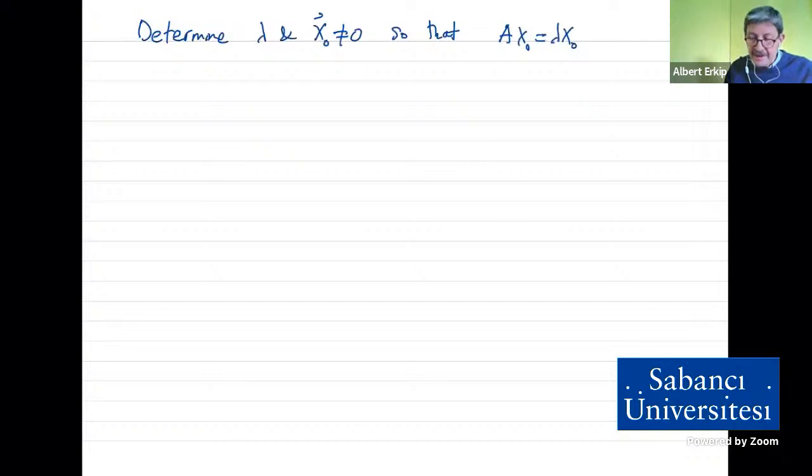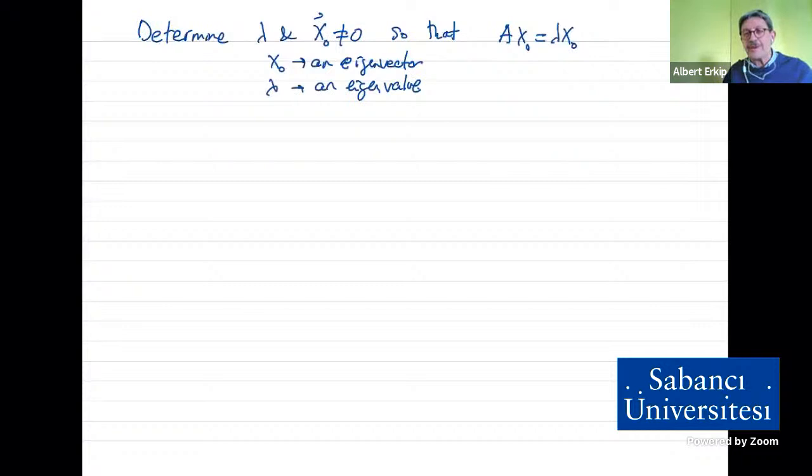This x0 is called an eigenvector, and lambda is called an eigenvalue. These funny names come from German. Eigen means special, so special vectors and special values. But these are extremely useful.